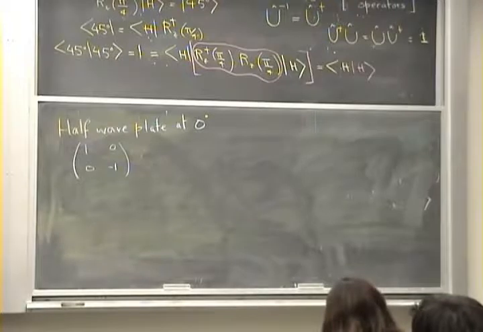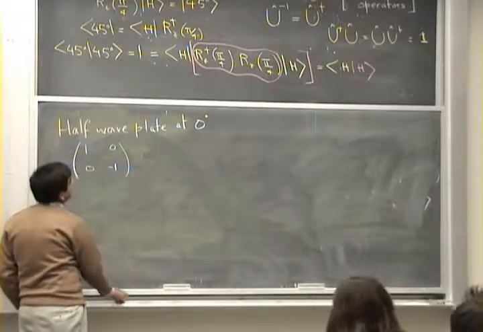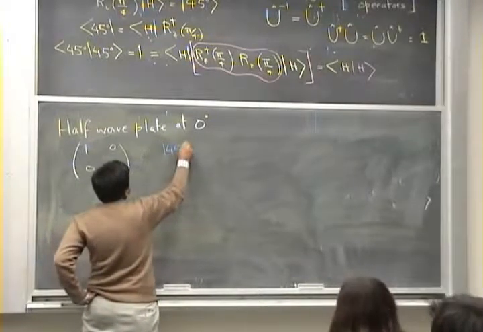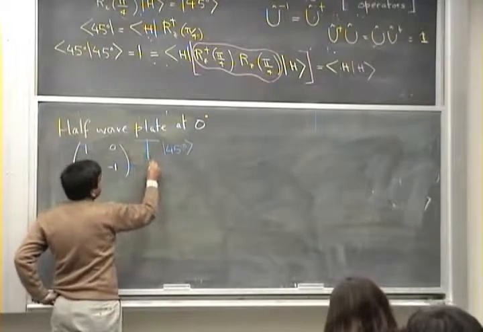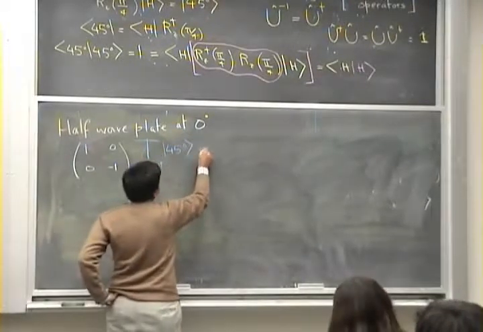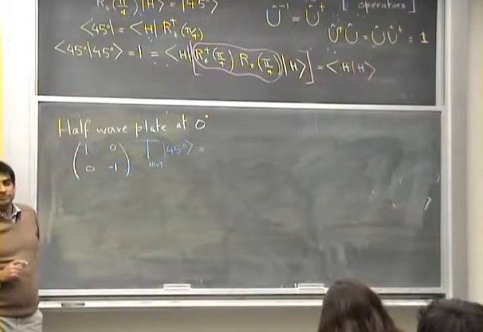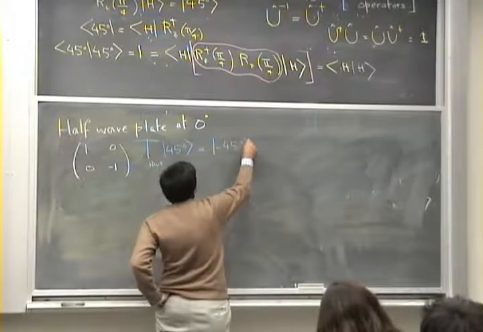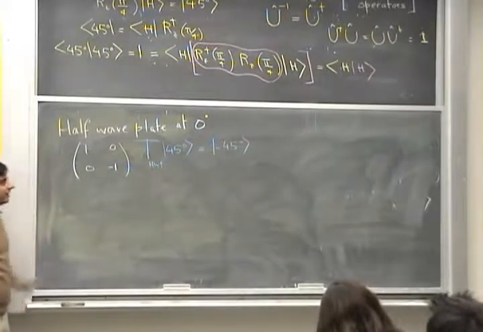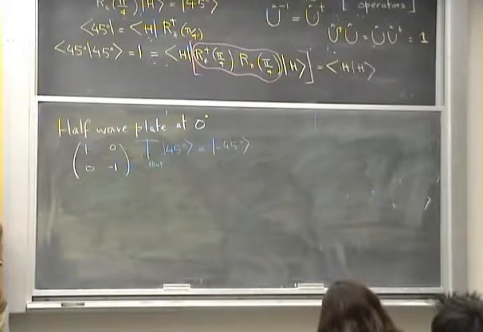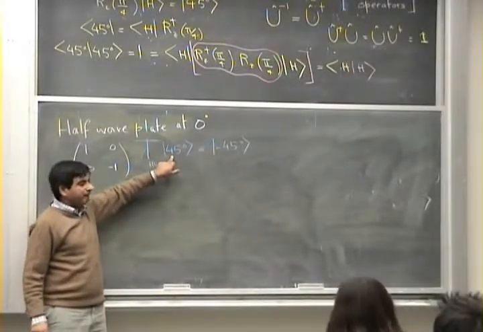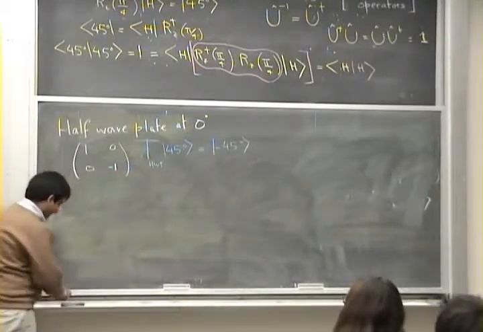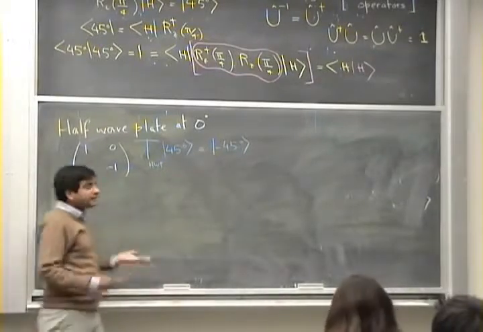What this half-wave plate does is, if you have an input state at 45 degrees and you act upon it with the matrix for the half-wave plate, what do you get as the output? Minus 45 degrees. Now you're rotating the state. Your input state is at plus 45 degrees linearly polarized, and you act upon it with this matrix, and your output is minus 45 degrees. Let's work this through.